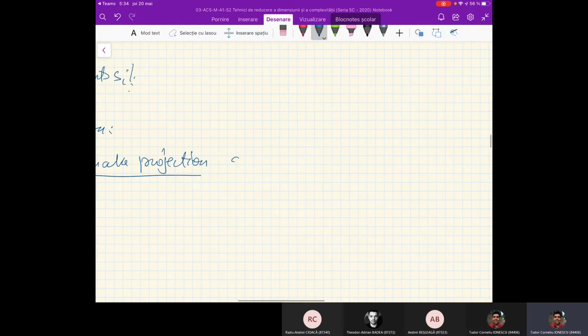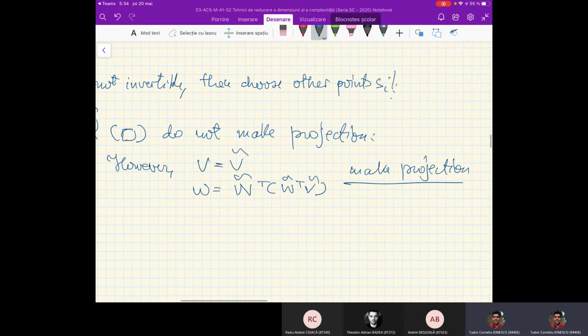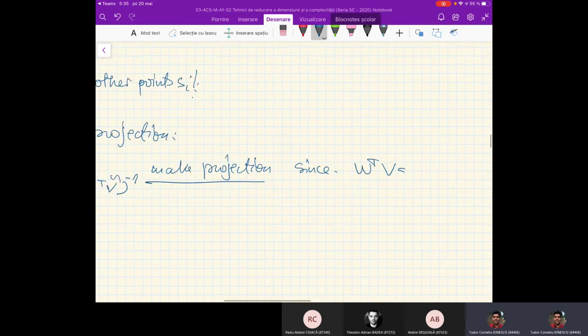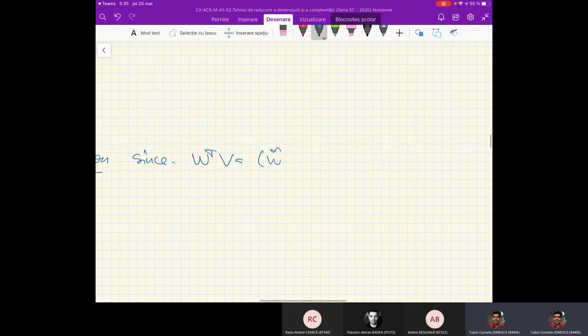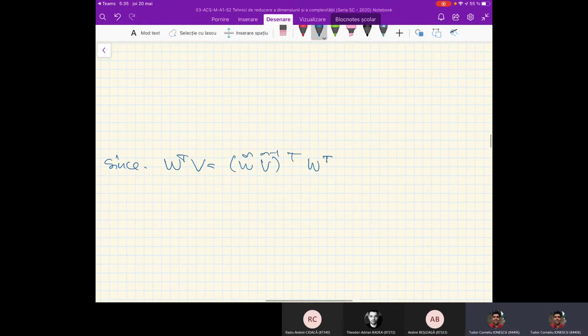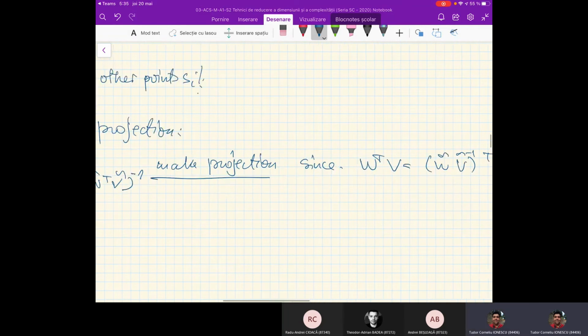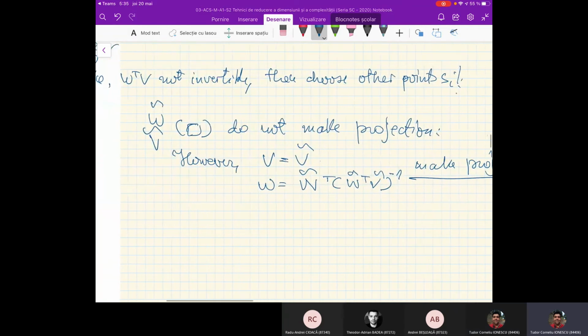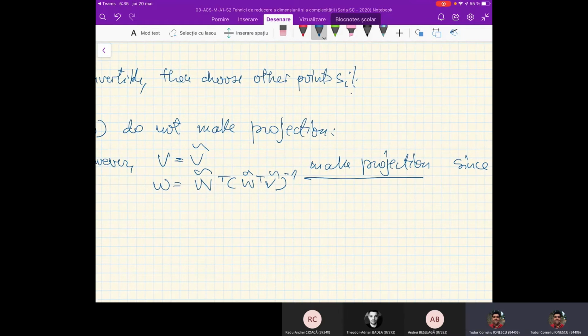since W transpose V is, look at W, okay, look at W, sorry, this is inverse here, okay, so this is W tilde V tilde inverse transposed, W transposed V, okay, it's correct, huh? I think here should be a transpose somewhere.